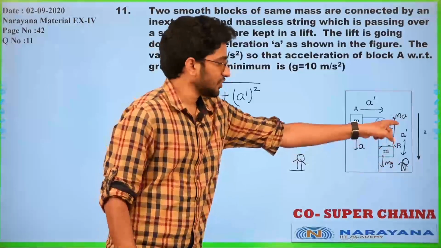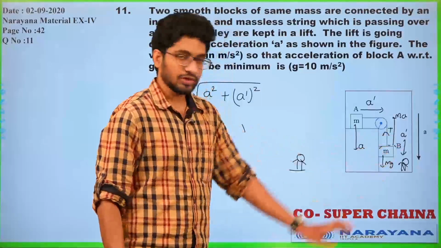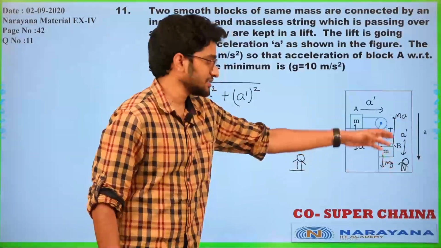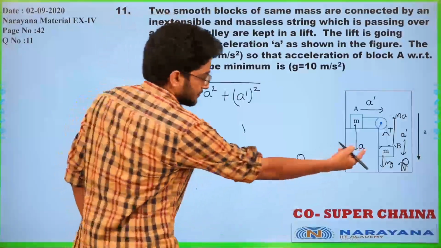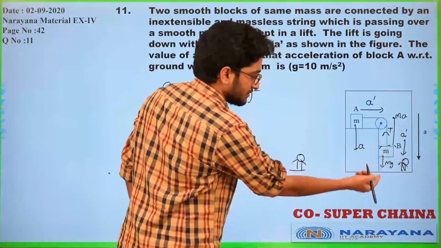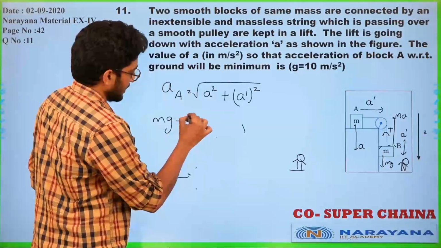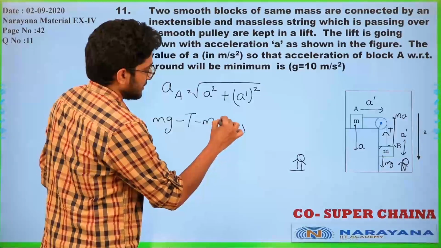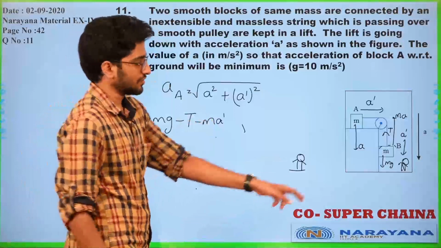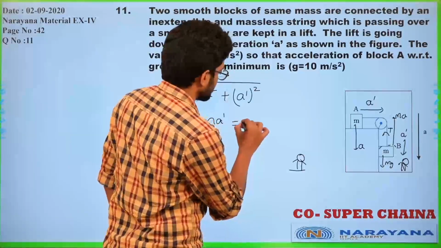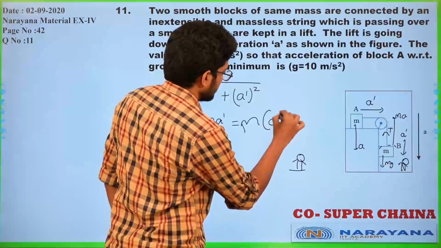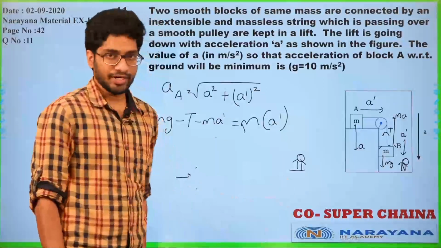So with respect to him, what is the force equation you can write for this block? Net force in the direction of acceleration is m into a. For this block, with respect to this observer, net forces acting are mg downwards minus t minus ma dash. That is the net force that should be equal to mass into its acceleration, that is equal to m into a dash, right?